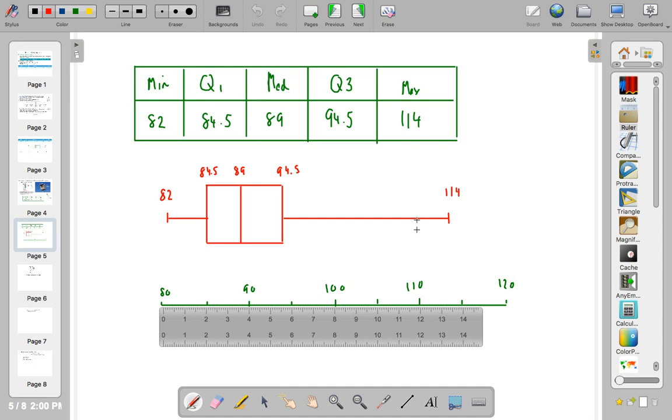So something has happened there. If you're doing an experiment, there might have been a mistake or just some extraordinarily high value. And when you look at that, you can say, most of the speeds, this was about speeds, were clustered around here, 80s and 90s, but there was one that was really out of the box up here at 114.